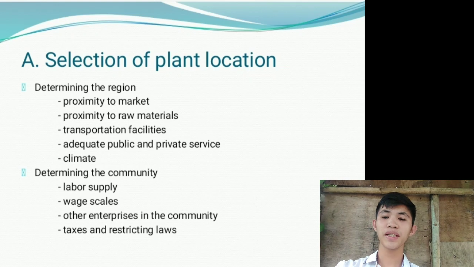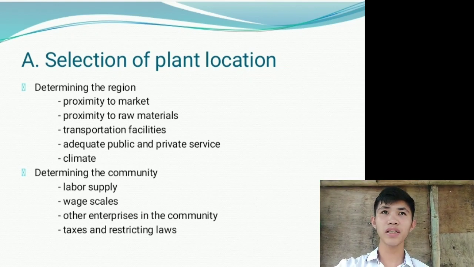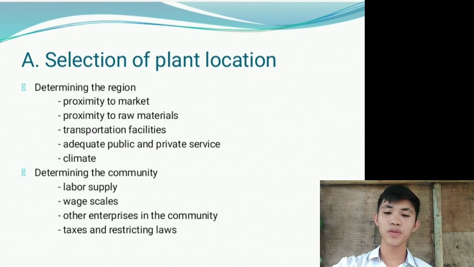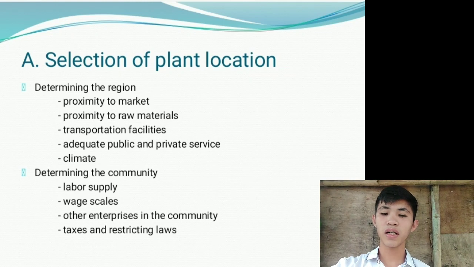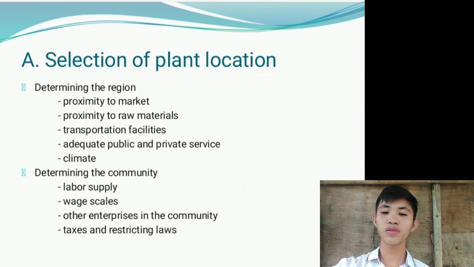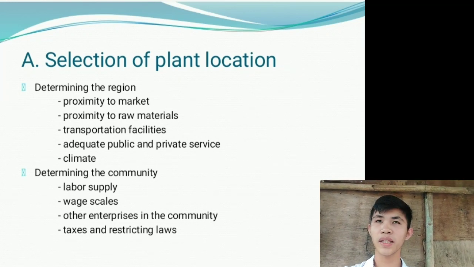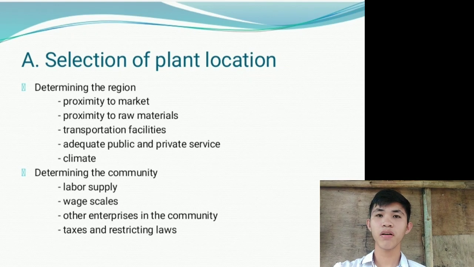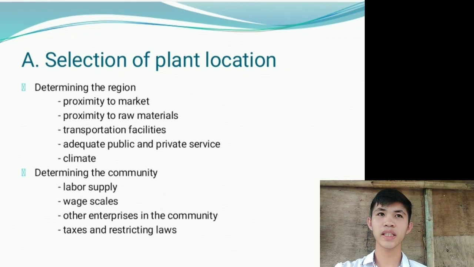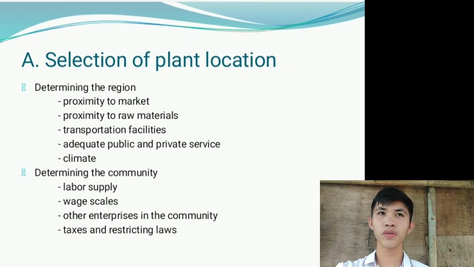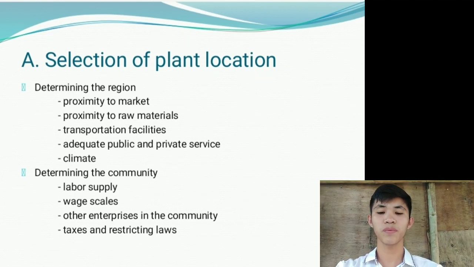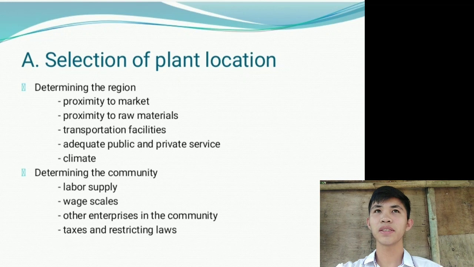Next is determining the community. So when determining the community, you have to make sure to determine also the labor supply. When we say labor supply, it is the availability of persons or skilled persons who will work for your facility or who will work on the construction of your business facilities.